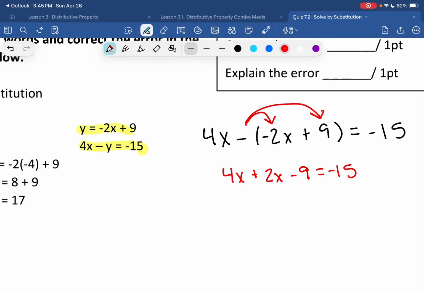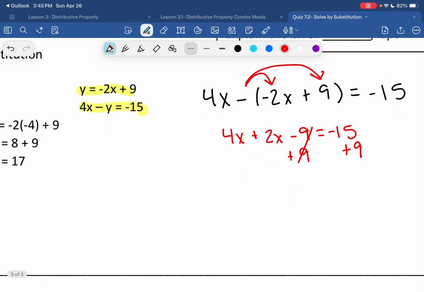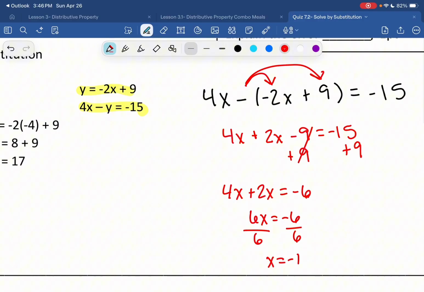Okay, I have my x's on the left side. I need to move my number to the right side. So the opposite of negative 9 is positive 9. So now I have 4x plus 2x equals negative 6. I'm going to combine like terms. 4x plus 2x is 6x. I divide by 6. x equals negative 1.